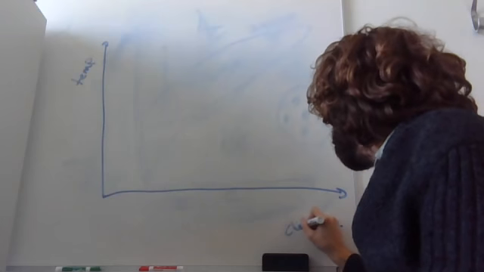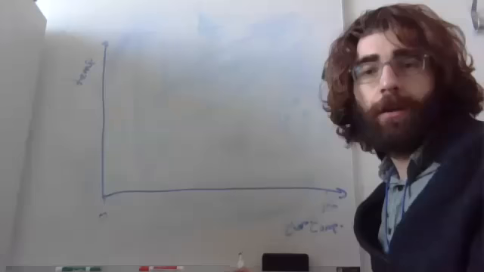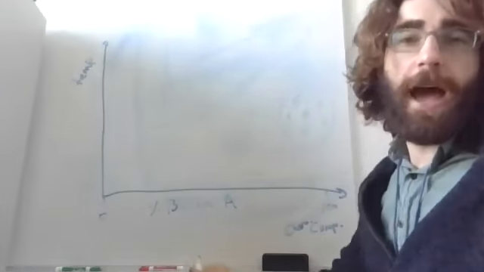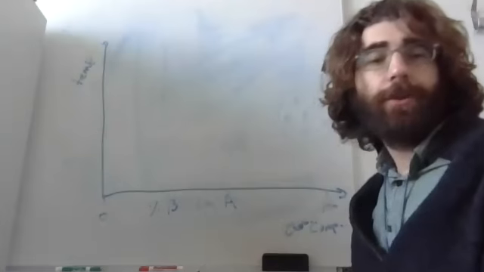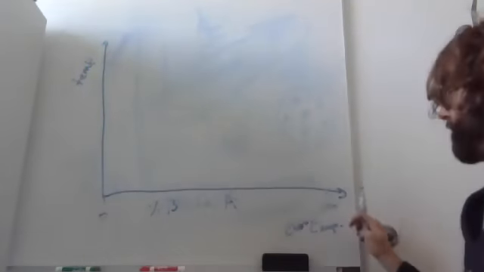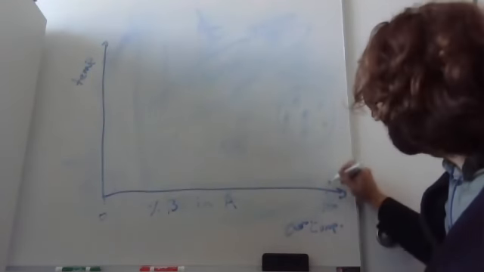Chem comp, right? And so here's going to be 0, and here's going to be 100. So we're going to say percent B in A, right? So the percent of atom B in A. So here at 0, we have 100% A. And here at 100, we have 100% B. Cool.